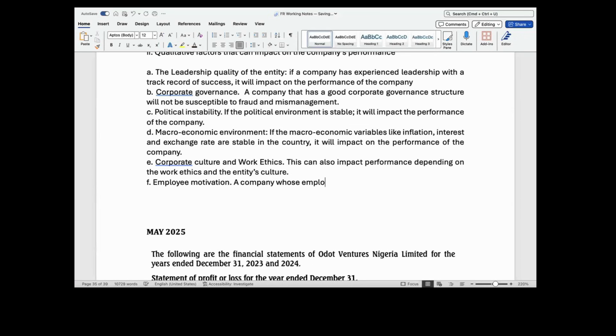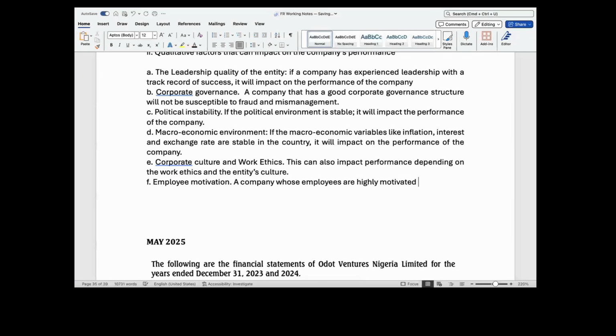This will greatly impact on its performance. How many marks? 6 marks.